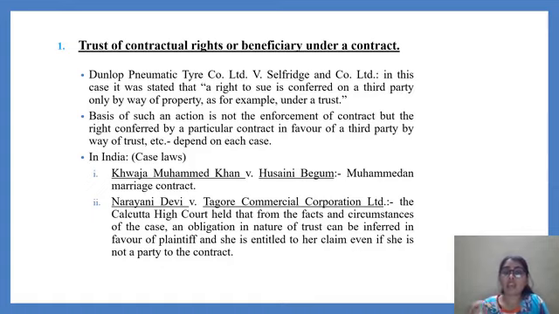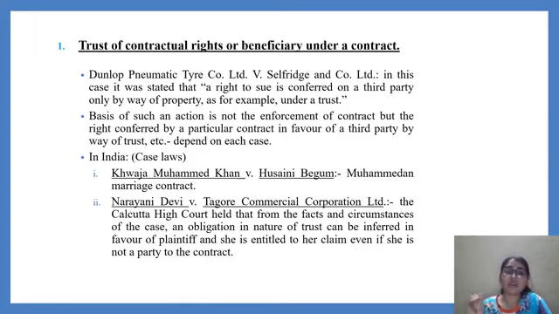Now the arguments of the defendants were that there is no privity of contract, that is, the contract was entered into by B and C with A and not with A's wife X. So there is no privity of contract.